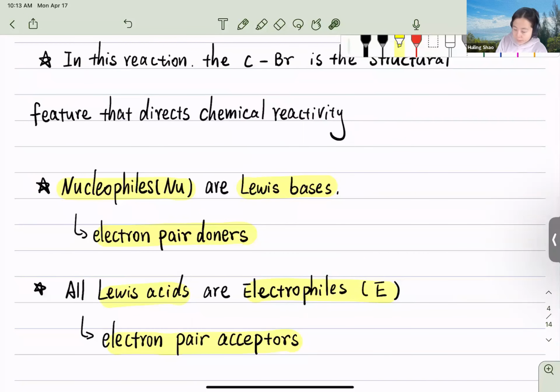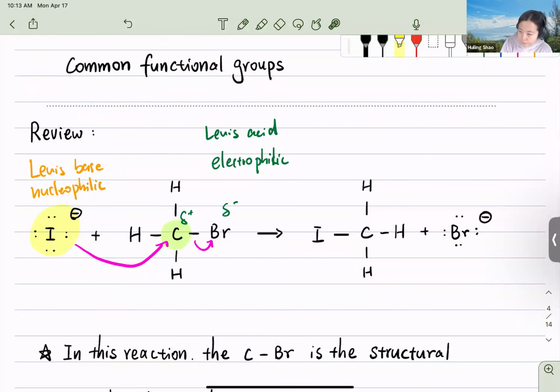The other question we have is, what's the relationship between electrophile, nucleophile, and Lewis acid and Lewis base? So let's go back to this example. We have a Lewis base or a nucleophile. Again, what that means is this species, this highlighted iodide species, is my electron pair donor.